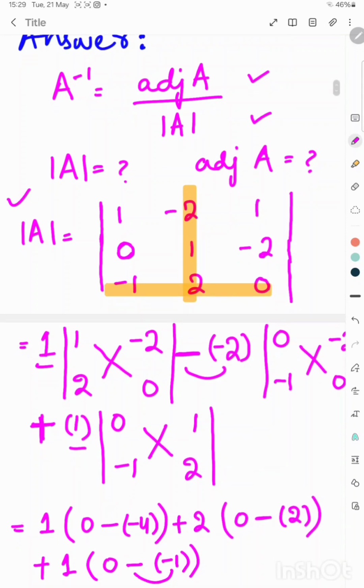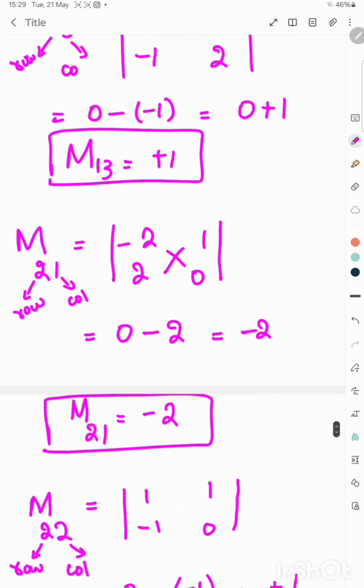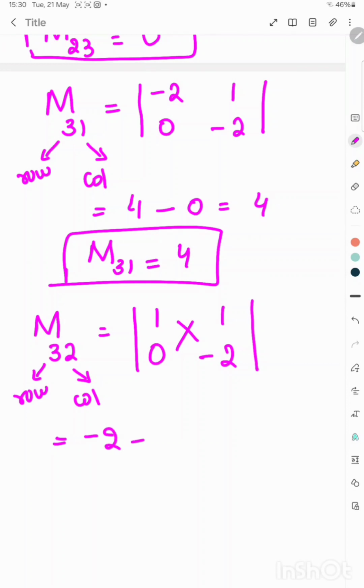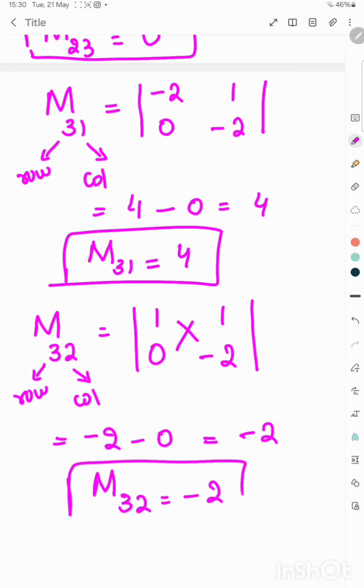So I will write these numbers here in this minor. Here 1, 1, 0, minus 2. So what I will do here, I will cross multiply these both numbers and I will put the negative sign between them, minus 2 and minus 0. So what I will get here is minus 2. So M32 is equal to minus 2.